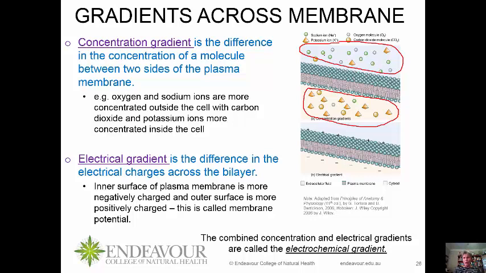If you can see on the outside here, if you count up the number of sodiums, you've got 1, 2, 3, 4, 5, 6, 7, 8, 9. So you have 9 sodiums on the outside, and if you count the inside, you have 1. So there are more sodiums on the outside than the inside.